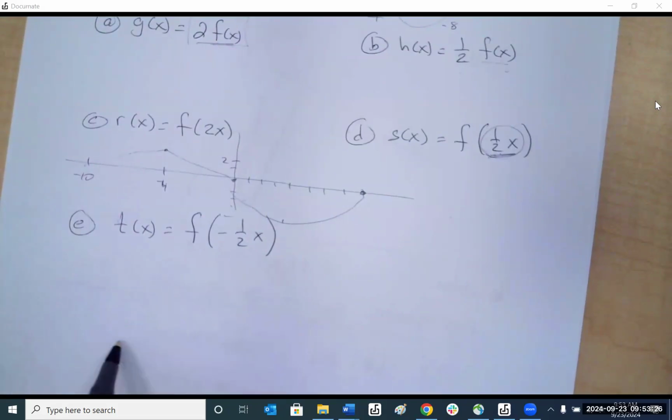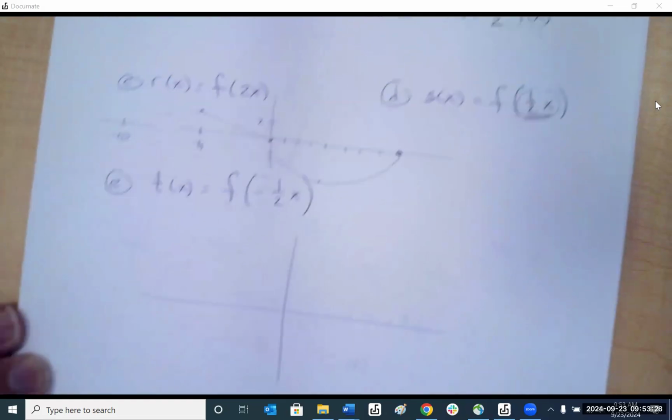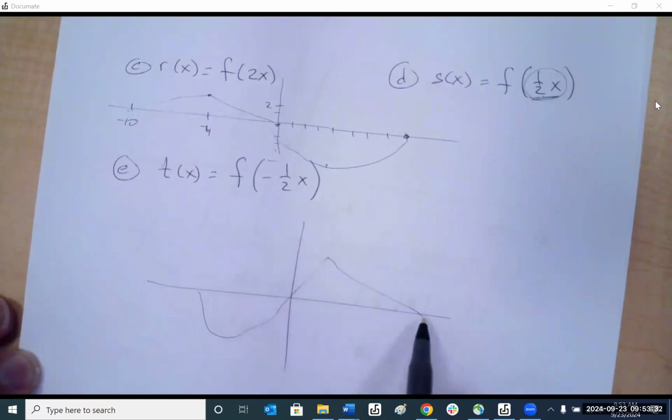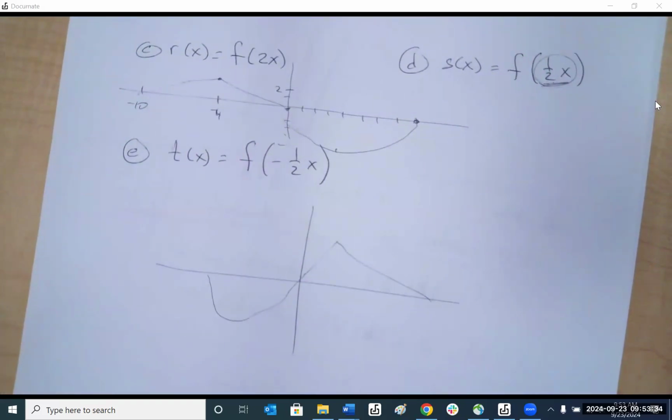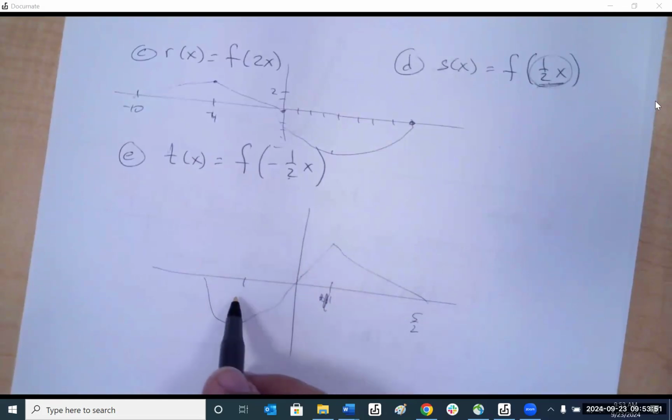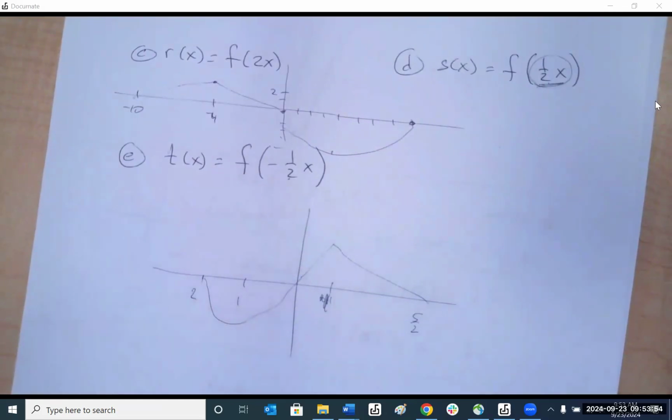So my graph will look something like this, with all the x values divided by 2. So that's going to be at +1. This is going to be 5 divided by 2. This one's going to be at 1. This one's going to be at 2. -1, -2.